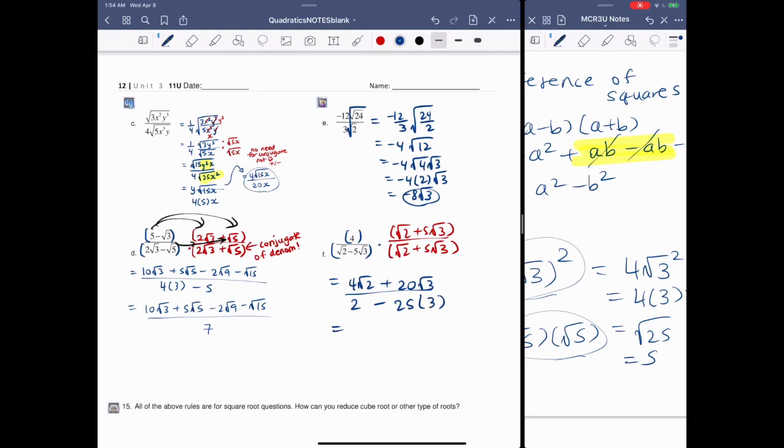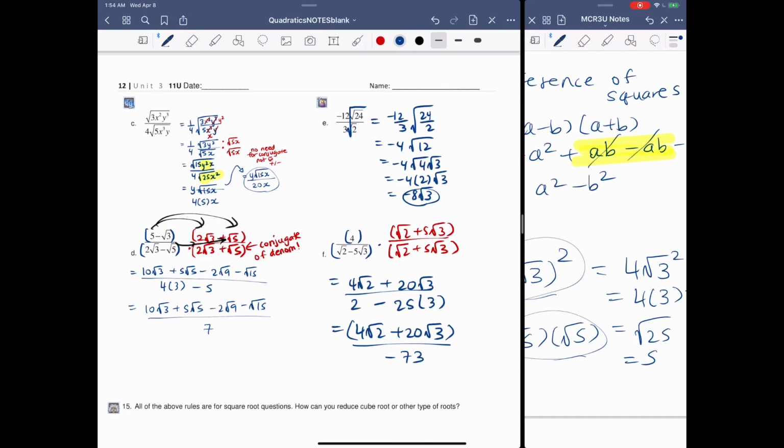Okay, so 4 square root 2 plus 20 square root 3. Don't do anything funny like canceling out with the top and bottom, because remember it's a binomial on the top. 25 times 3 is 75, so 2 minus 75 is negative 73.